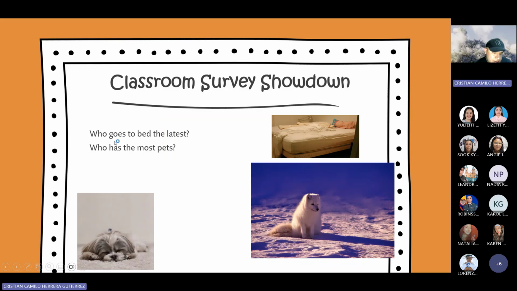Natalia doesn't have any. Nadia has one cat. Suyon has two cats. Lady has one cat.